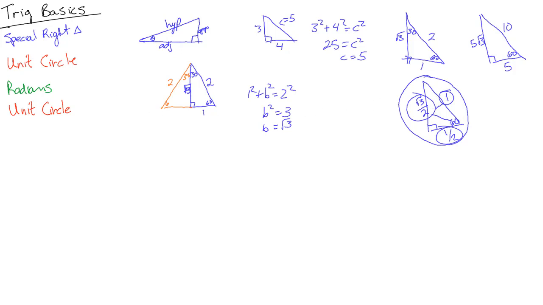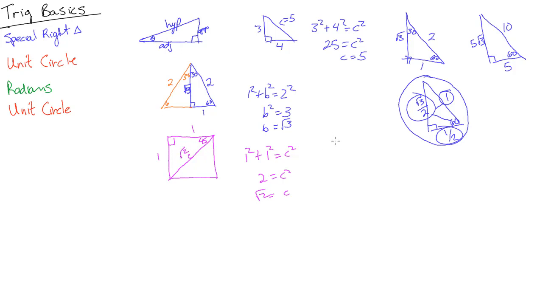The other very special one is a 45-45-90 triangle. So if we were to take a solid square, side length 1 everywhere, and chop this in half, we know that we just made a 45-45-90 triangle. If we put this little c here and do 1 squared plus 1 squared equals c squared, we got 2 equals c squared, and so c would then be the square root of 2.